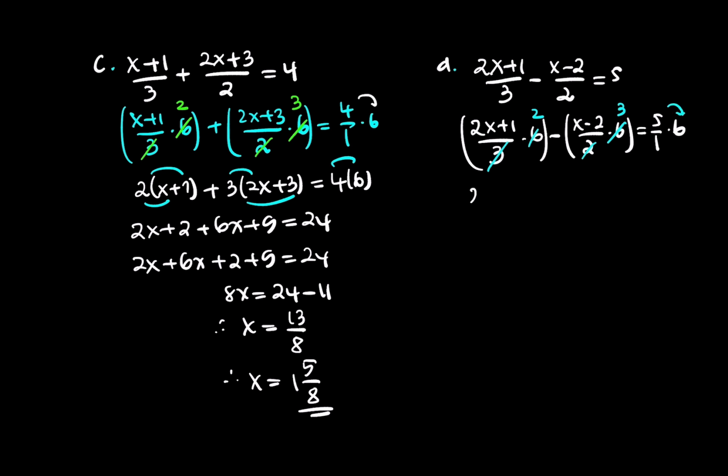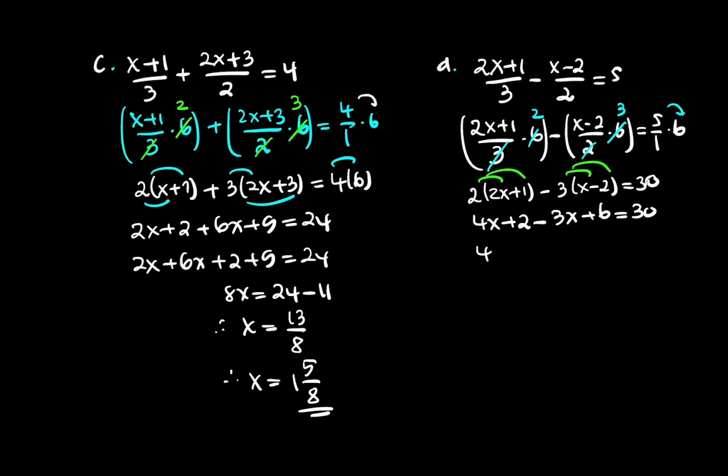So 2(2x + 1) minus 3(x - 2) equals 30. You expand this one by one. Then this is going to be 4x + 2 - 3x + 6 = 30.